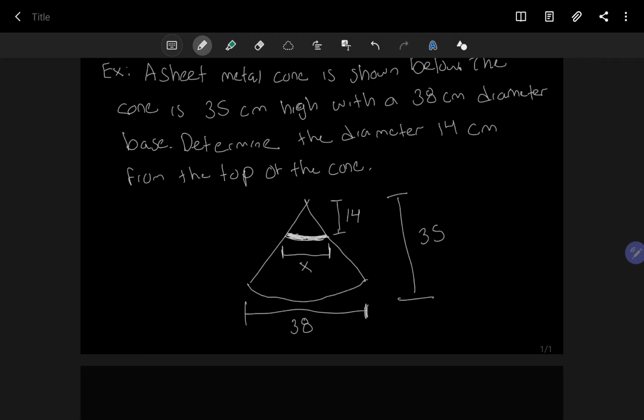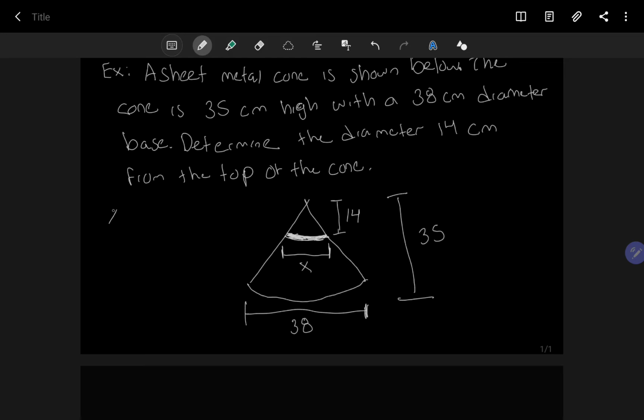Now we have to do the same exact thing. We know we are talking about the same cone, right? Same exact cone. We have the big one, and then we have the small one. So this is directly proportionate because of that. So we can set it up however we want. We can put the x on the top. We can put the 14 on the top. We just need to make sure that if I put the x on the top, the 38 should be on the top.